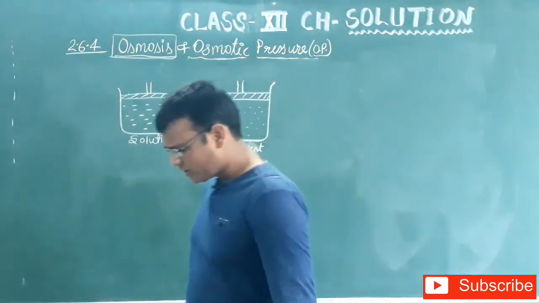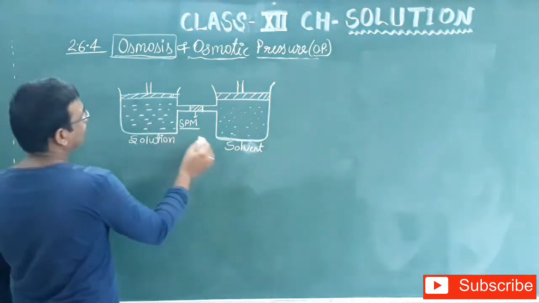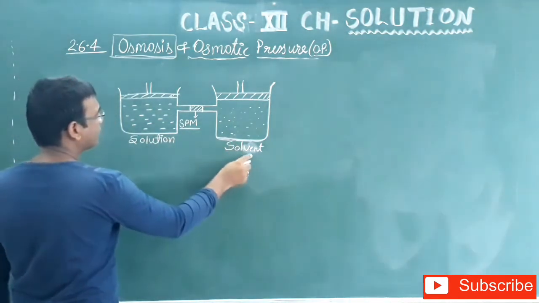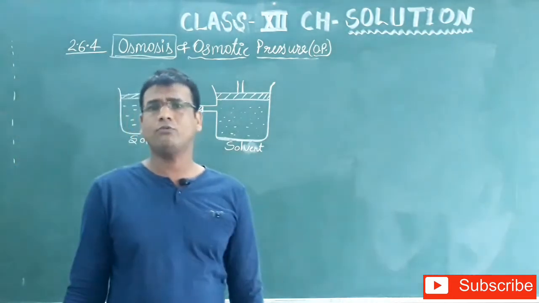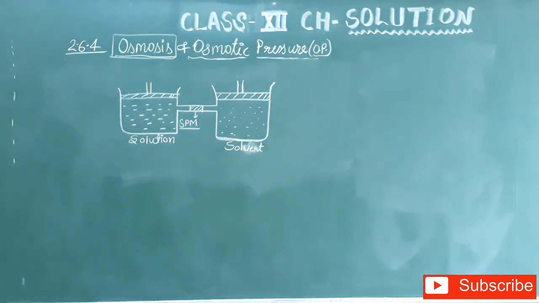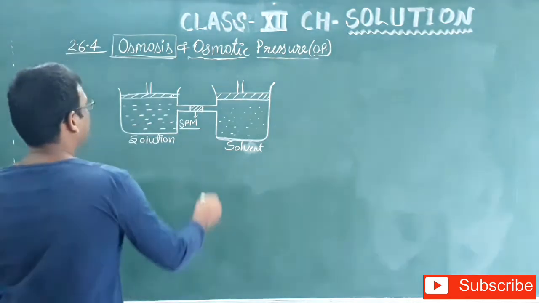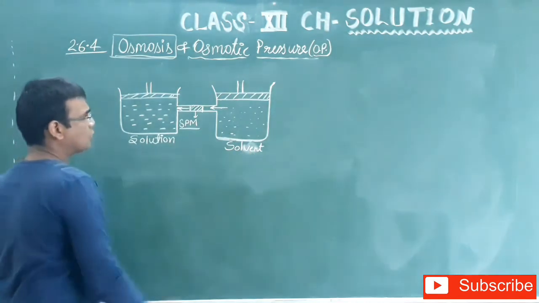So in this case, the movement of solvent, that is water molecules, here we are taking water, will take place from which side to which side? From pure solvent to the solution side.